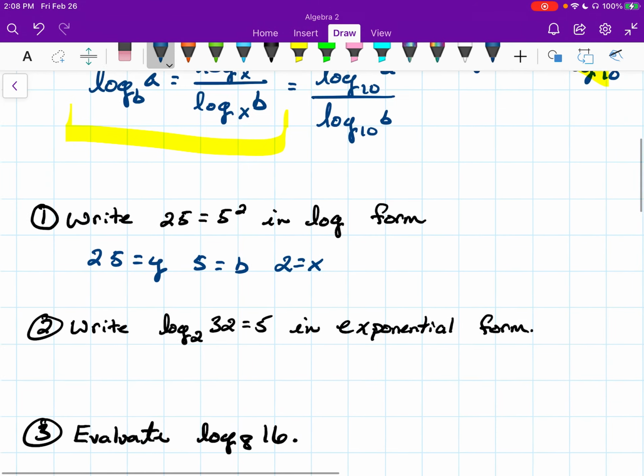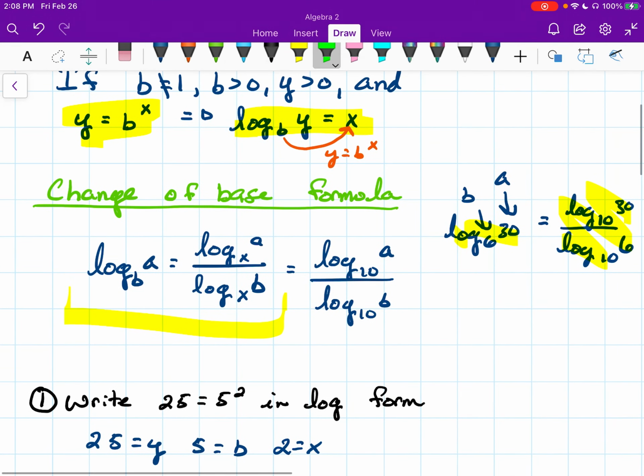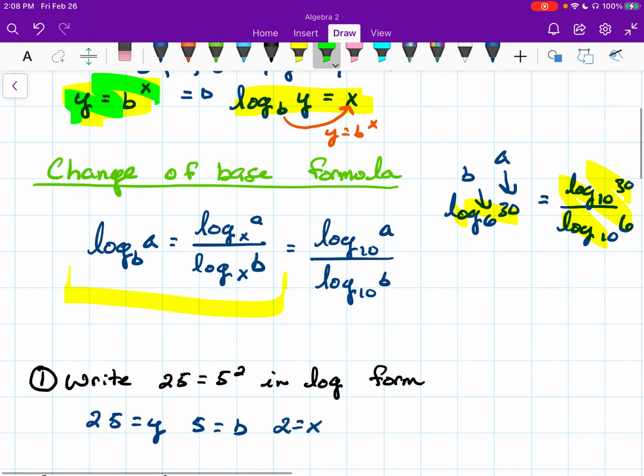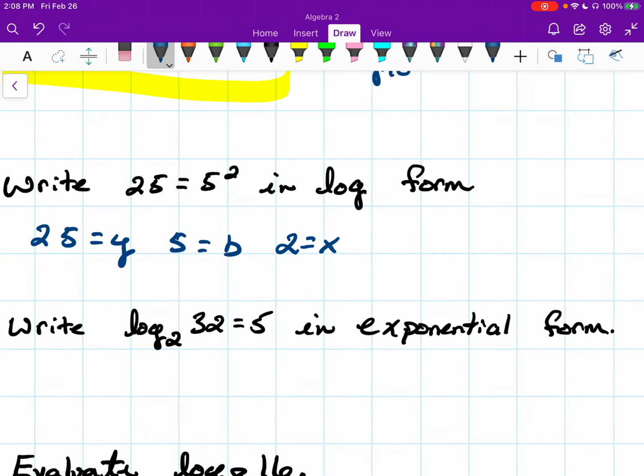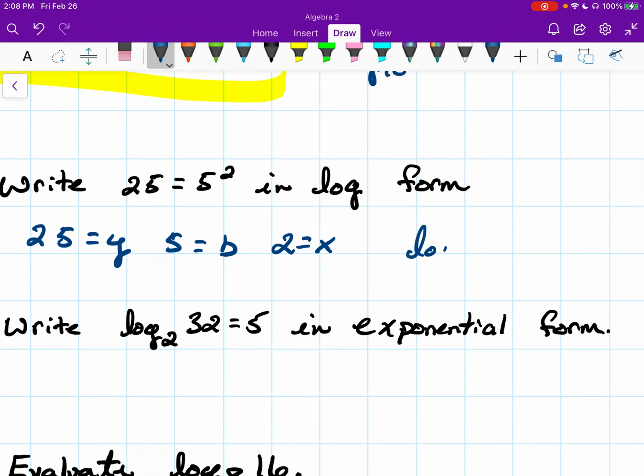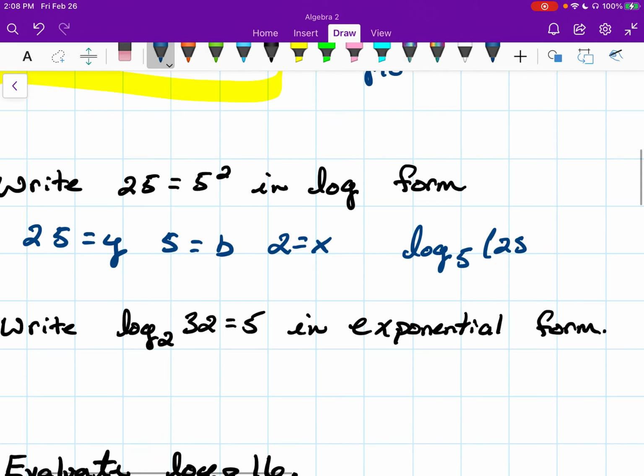I'm just looking at this formula up here, and I'm writing in what they are. Now I'm going to use these to write in what it would be in log form. So it's log base b of y equals x. So this is going to be log base b, which is 5, of y, which is 25, equals x, which is 2. And this is our answer.